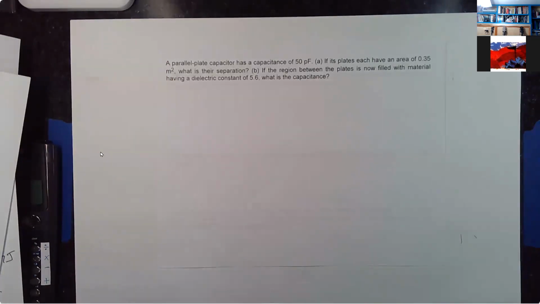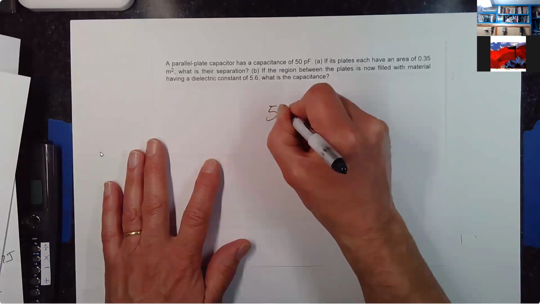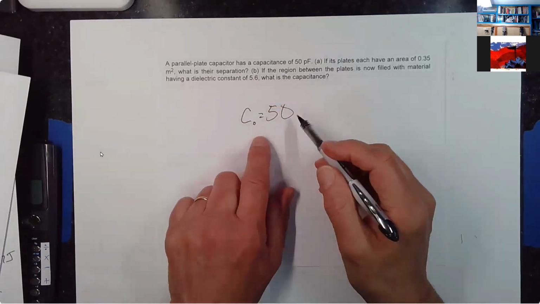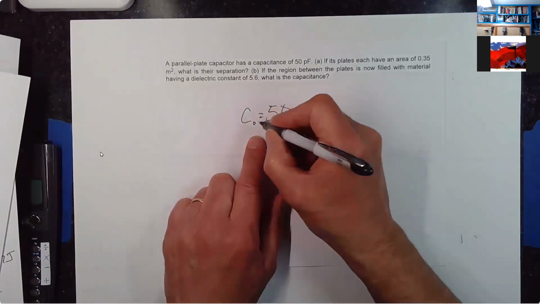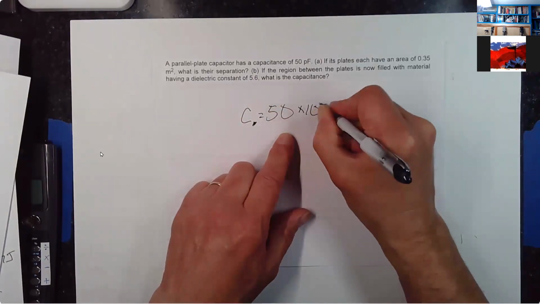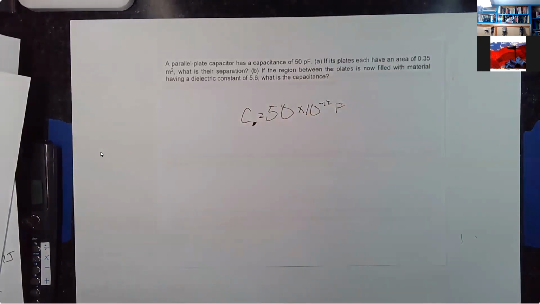A parallel plate capacitor has a capacitance of 50 picofarads, which I'll call C. That's 50 times 10 to the minus 12th farads. That's what the P stands for.